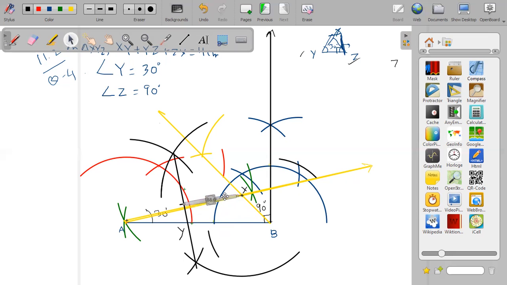Now check whether we are able to intersect at X. Okay, now joining these two, join this point to this point.